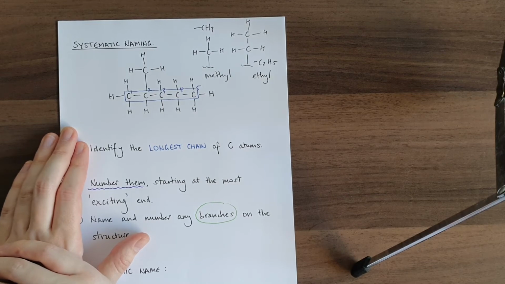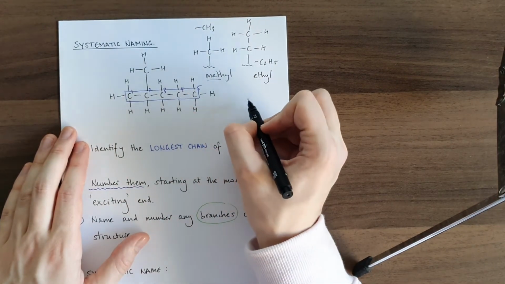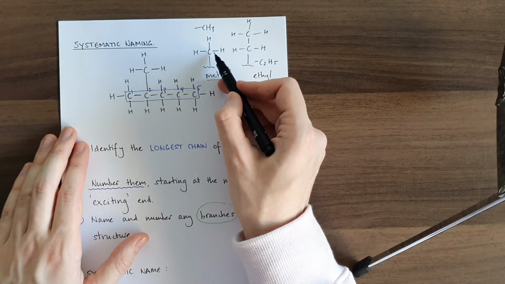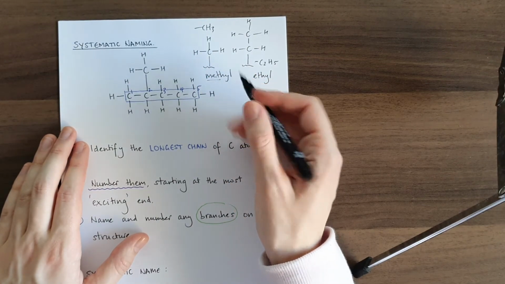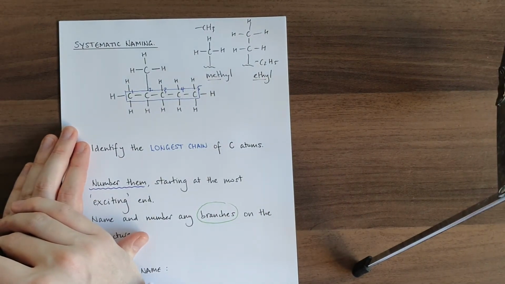And these shouldn't be too difficult to remember because they match the prefixes that we already know for naming alkanes and alkenes and cycloalkanes. We've got the meth part for 1 carbon, same as methane, and we have the eth part for 2 carbons, like ethane or ethene.